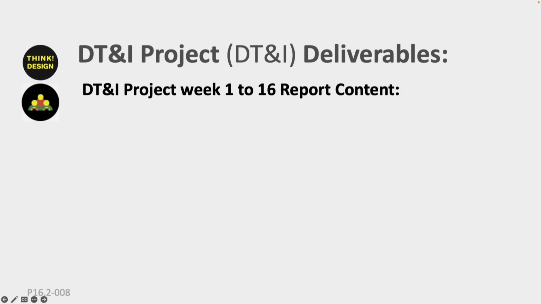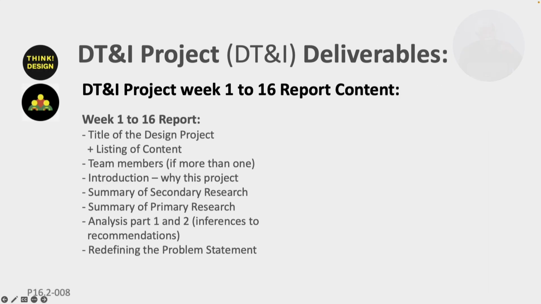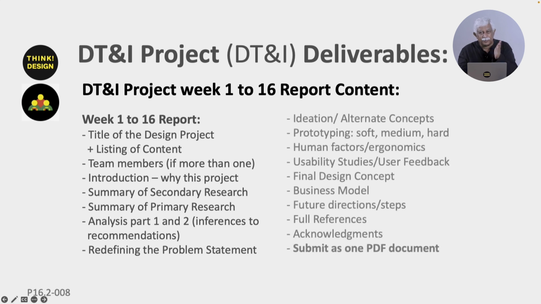If you look at the contents, for example, the report should have a title for the design project, listing of the content, team members, introduction, why did you do this project, summary of secondary research, primary research, analysis part 1 and 2, and redefining the problem statement, followed by ideation, prototyping, soft, medium and hard, application of human factors and ergonomics, usability studies and user feedback, and iteratively redesigning it to come out with a final design concept.